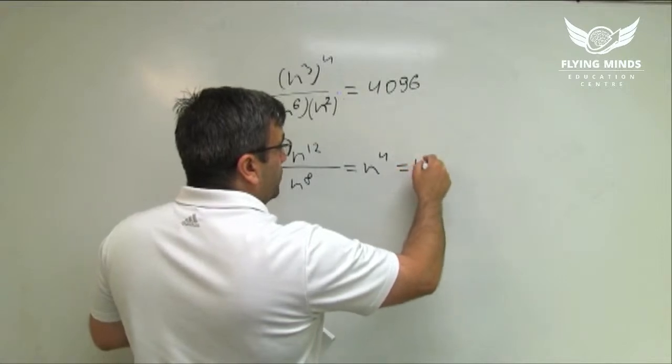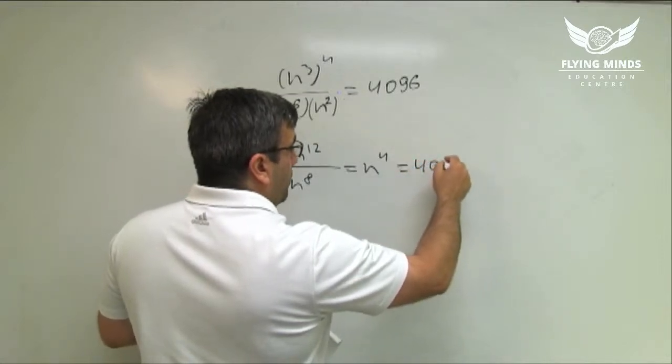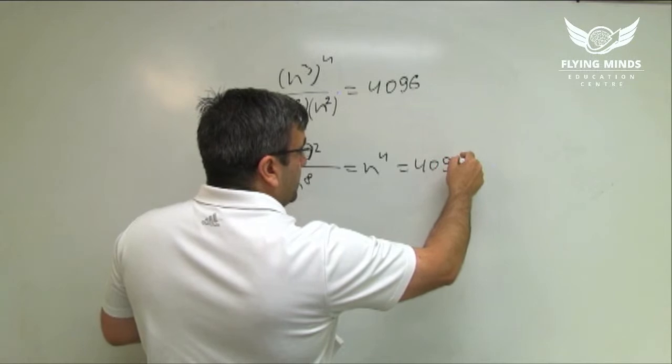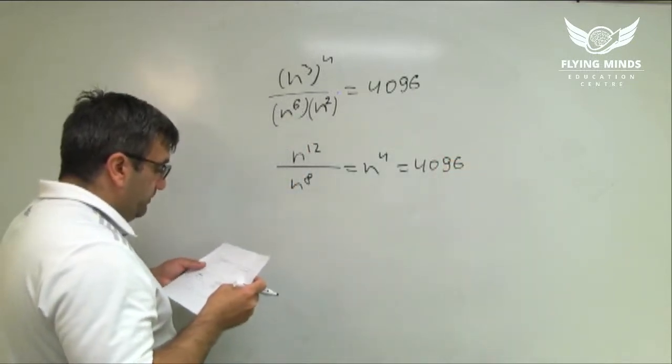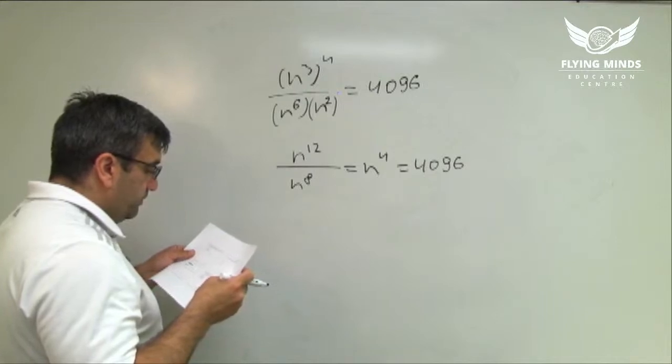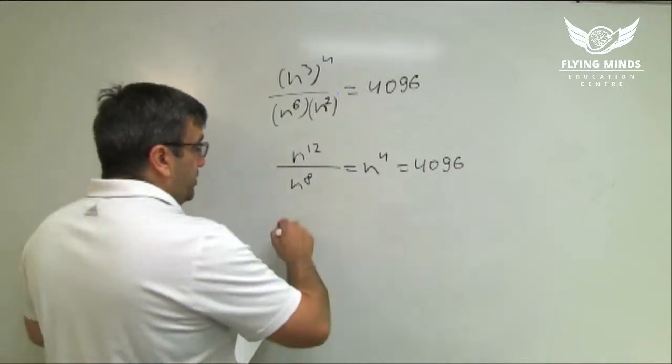And it's equal to 4,096. Right? So we need to find n.